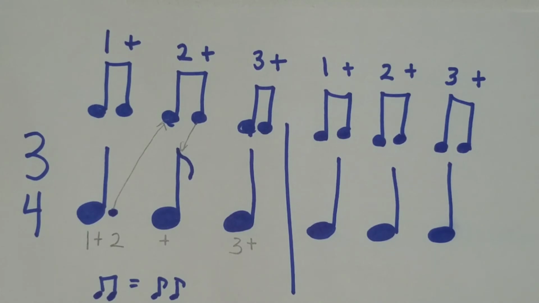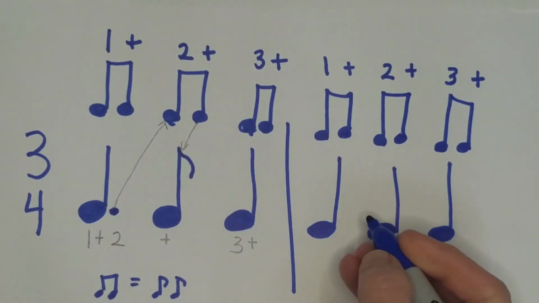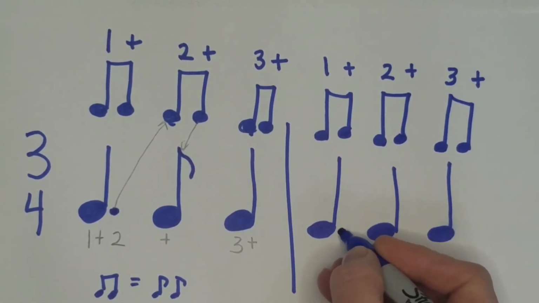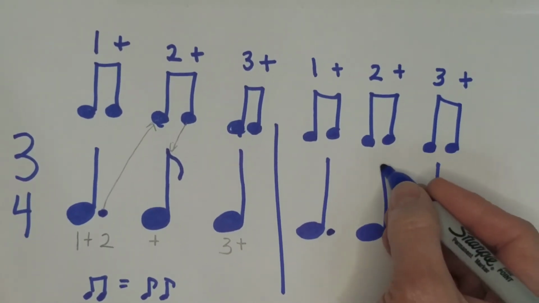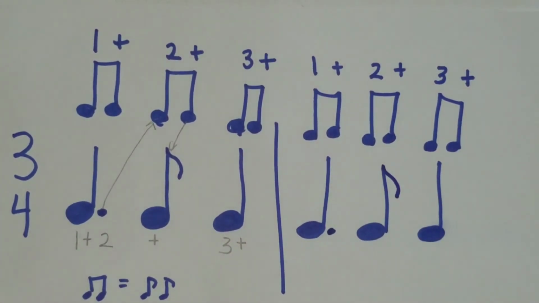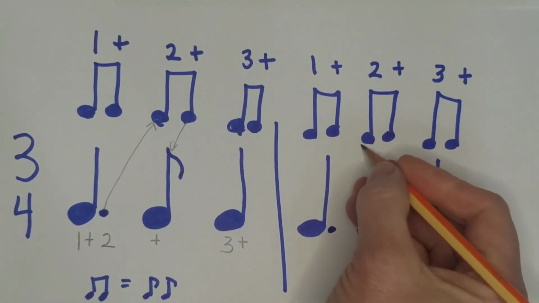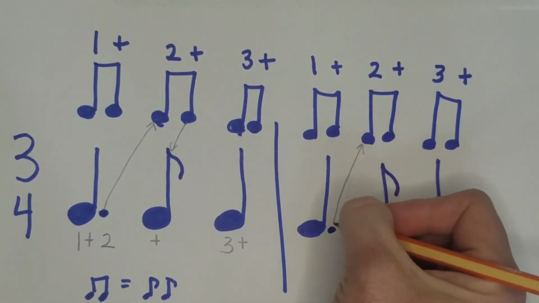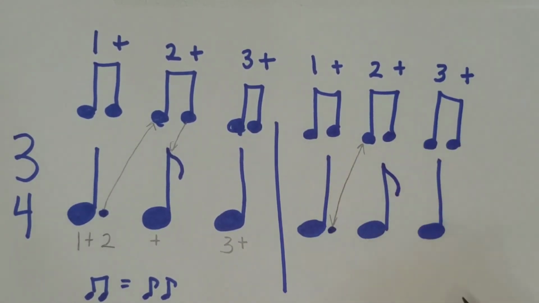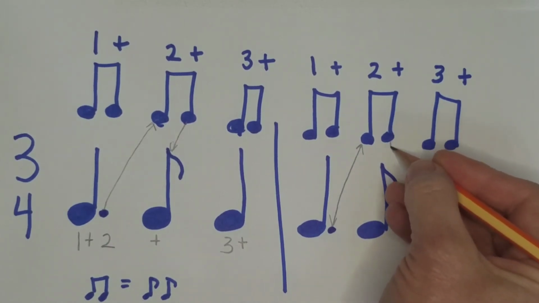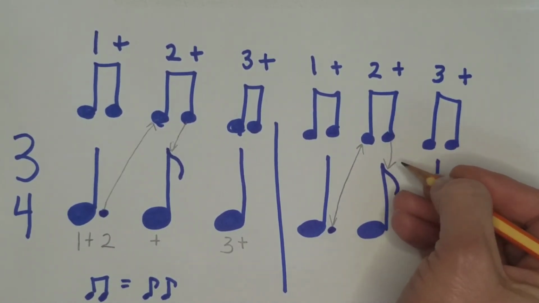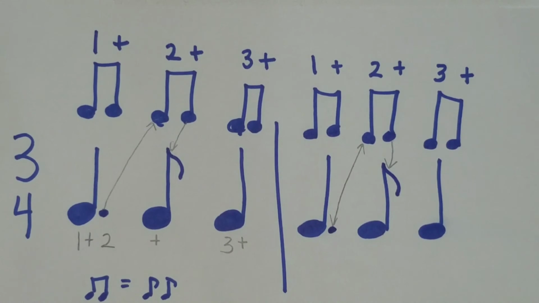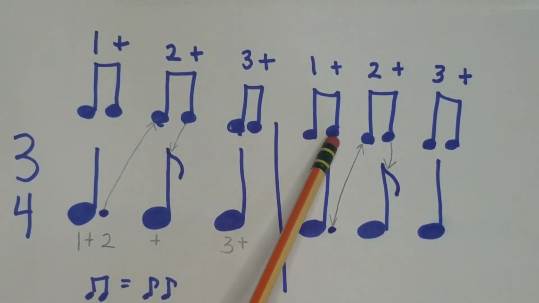Okay, we're going to do the same thing on the next measure. We're going to put a dot right there. We're going to turn this guy into an eighth note. So count 2 is that dot, and the and of count 2 is that eighth note. 1 and 2.